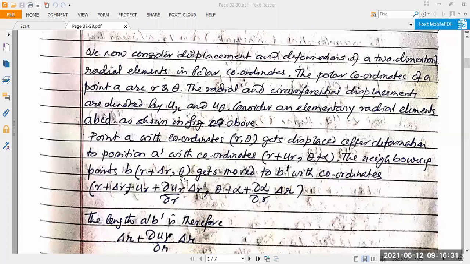So the polar coordinates of B are r plus delta r and theta, the polar coordinates of A are r, theta, and the polar coordinates of A dash, the position of A dash, are r plus u r and theta plus alpha itself.